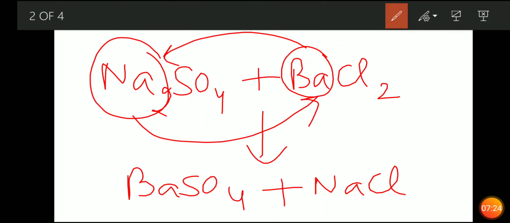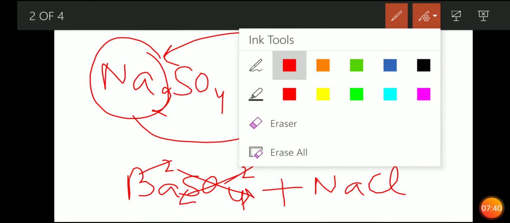Now why is it BaSO4 and NaCl? Because Ba has a valency of 2 and SO4 has a valency of 2. When they interchange their positions, what will we get? Ba2SO4 whole twice. Okay, so the 2 will cancel out and we will get BaSO4.